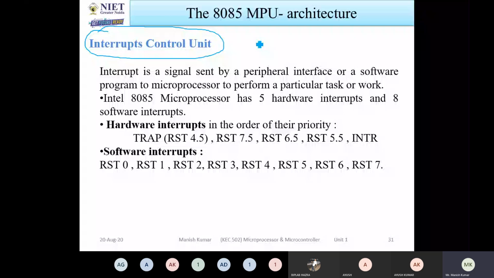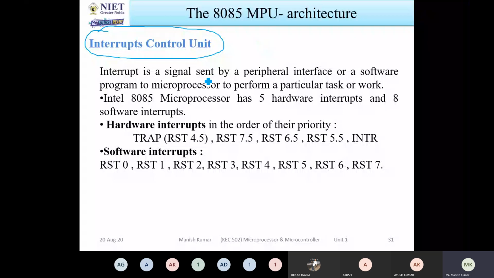This interrupt is a type of signal which is sent by any external devices or internal devices. If you are using external devices, then it is called external interrupt. If it is using internal devices, then it is called internal interrupts.